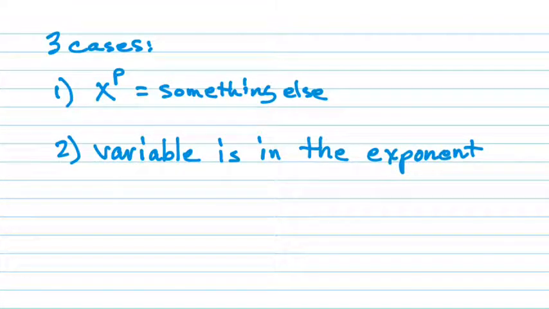So in other words, it's like 2 to the x, right? Your unknown quantity is actually in the exponent itself, okay? Don't panic. They're not difficult. It's just a matter of staying organized to do them.